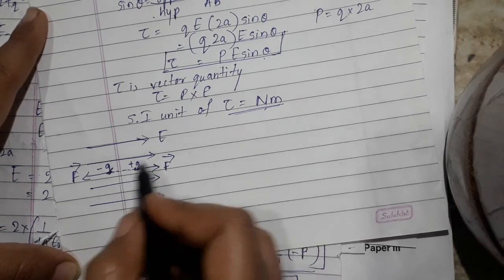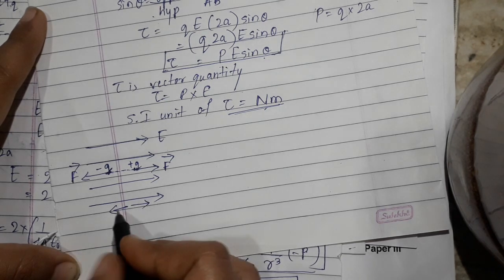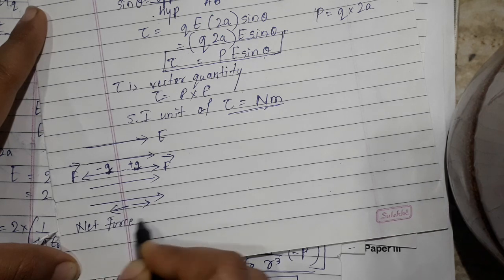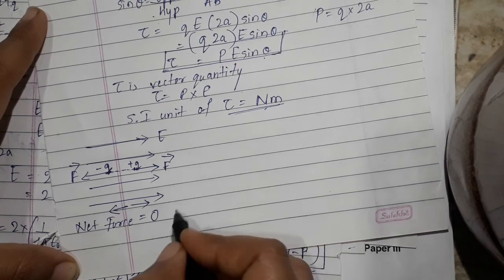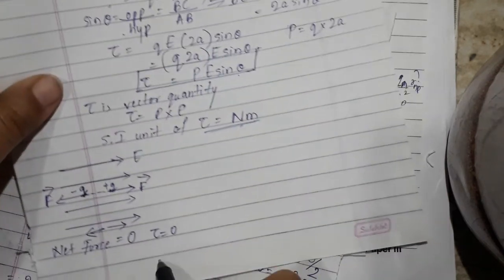If the net force is zero, then tau is immediately zero, because tau is equal to force into length.